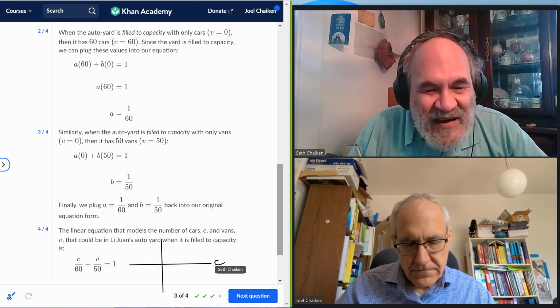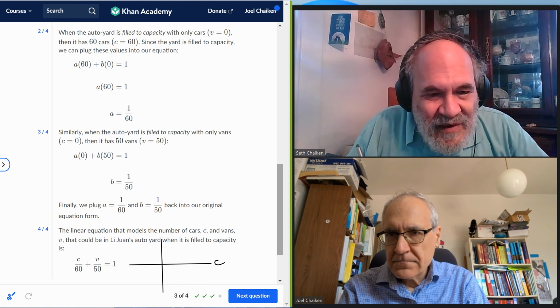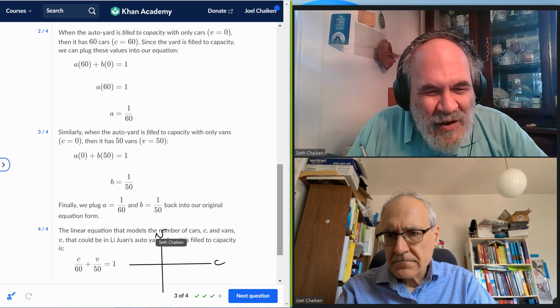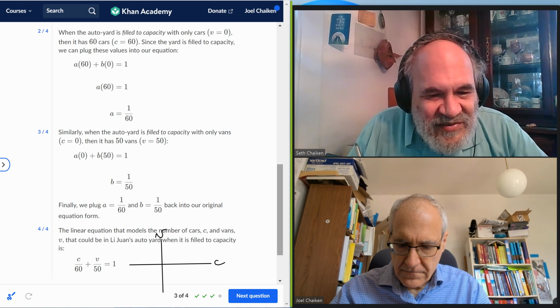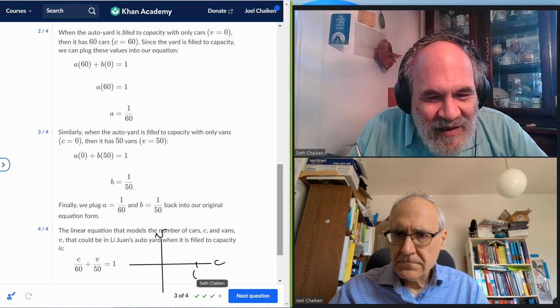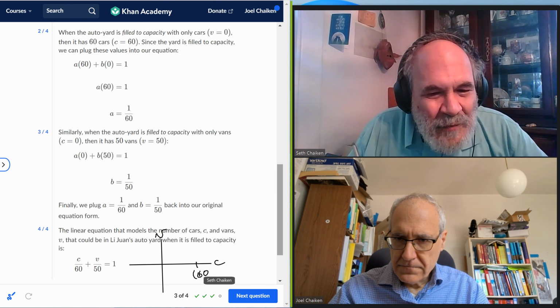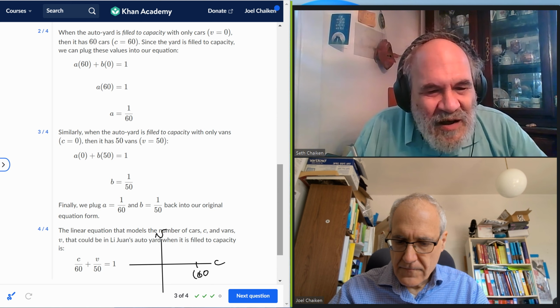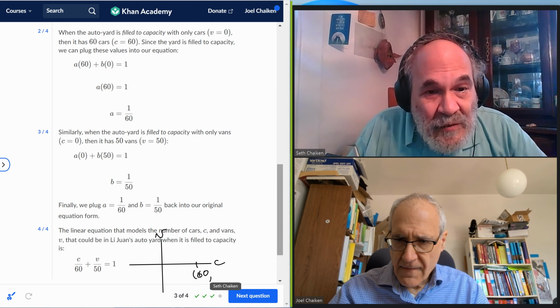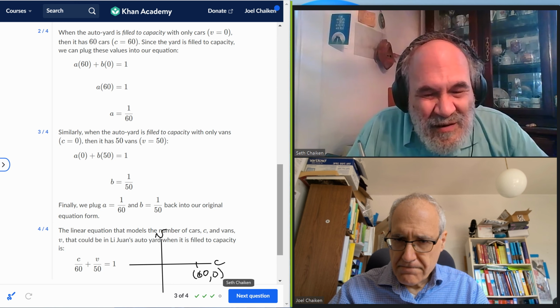Let's say this is the C axis and this is the V axis. When C is equal to 60, then V is equal to 0. Right.